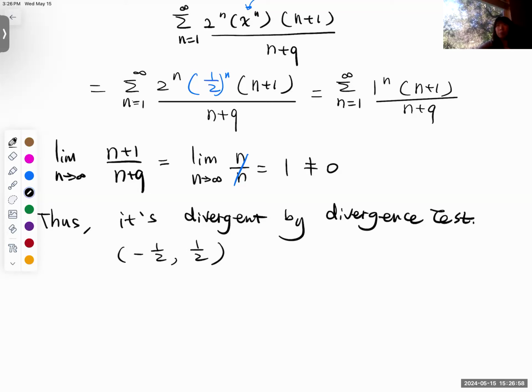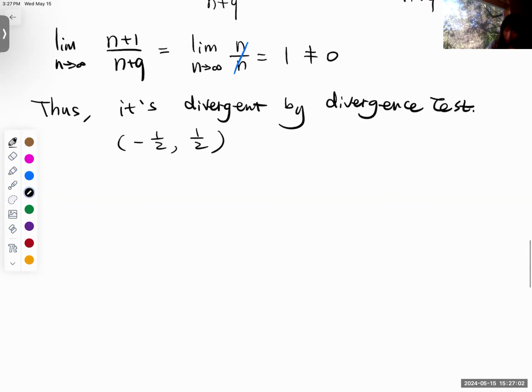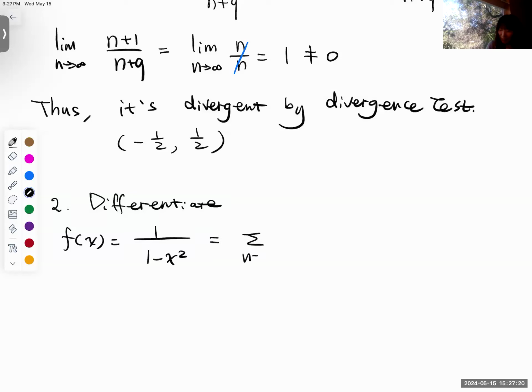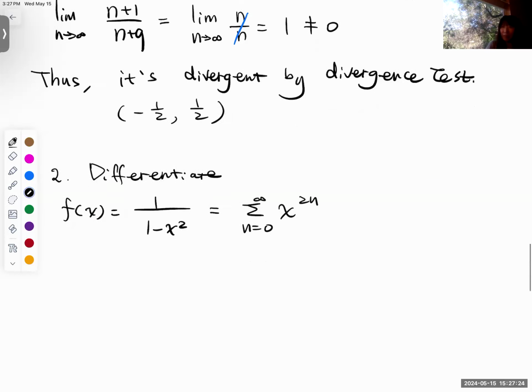Let's see. Differentiate. We have f of x equal to 1 over 1 minus x squared, equal to the summation from n equals 0 to positive infinity of x to the 2n.